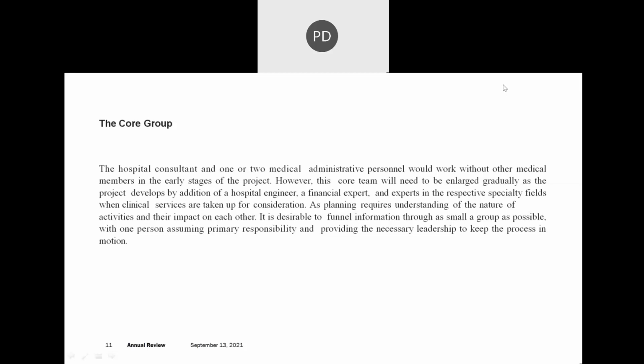As planning requires understanding of the nature of activities and their impact on each other, we have finished the design part, now we'll be planning for clinical services. So we would be calling the clinical people, the doctors and nurses, into the group, and we would make them also a part of our team, right?